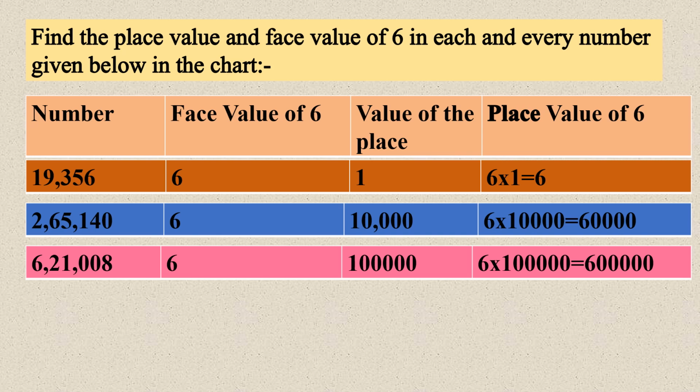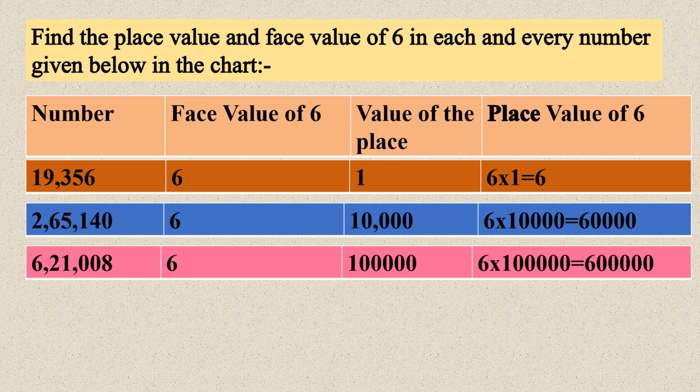From the above chart, we can observe that face value of 6 remains the same. It does not depend upon the place of digit 6 in the number. But place value of 6 is changing as the place of digit 6 is changing.